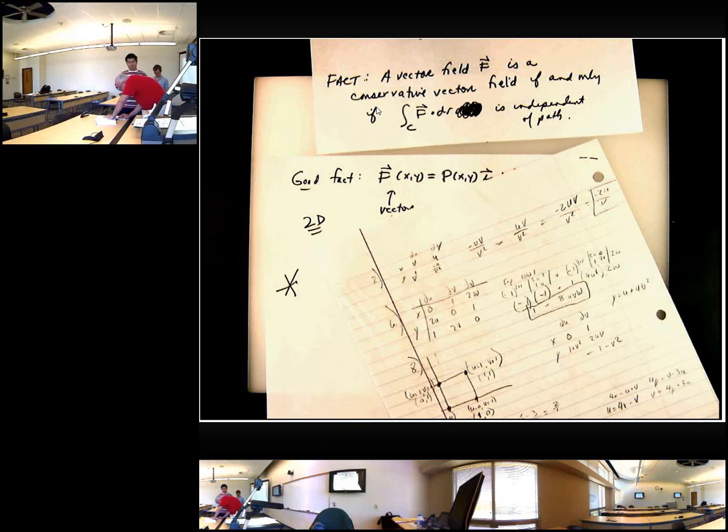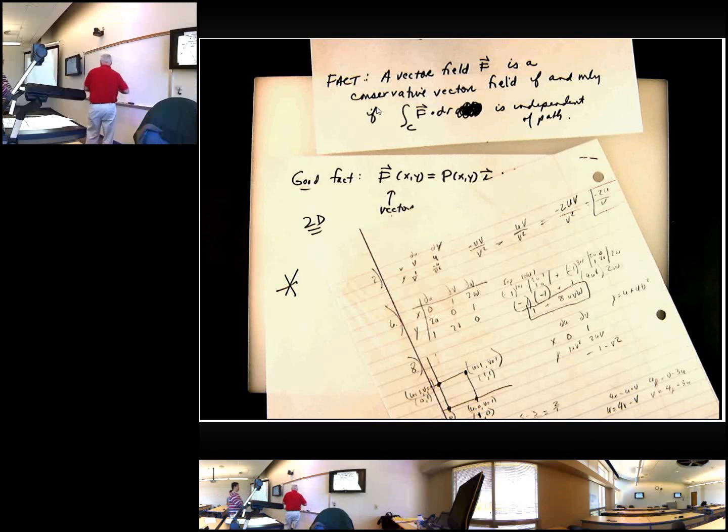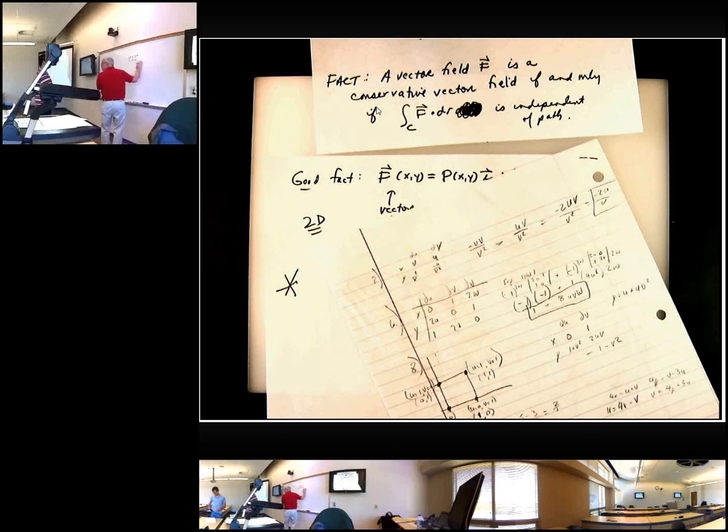The integrand is x squared sine y, from 0 to x. So that gives us negative cosine, and then we have the x squared, going from 0 to x.